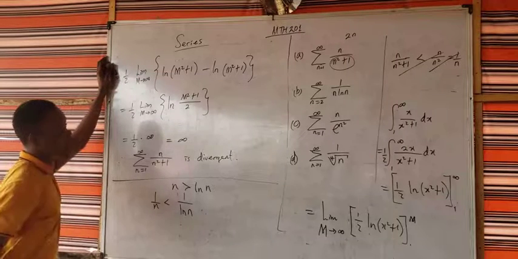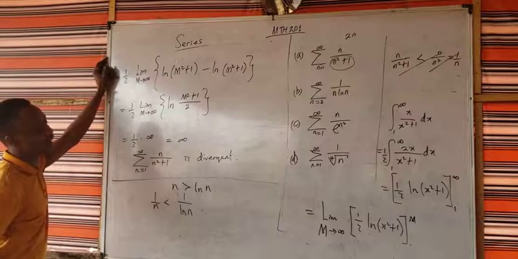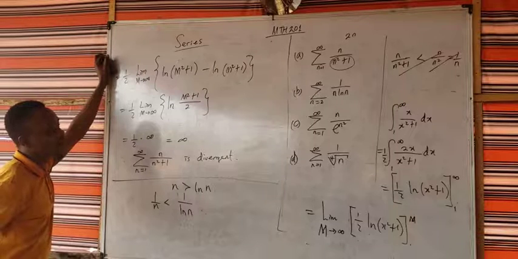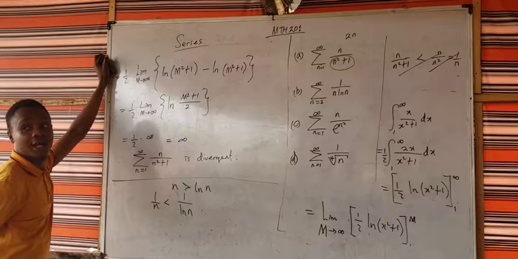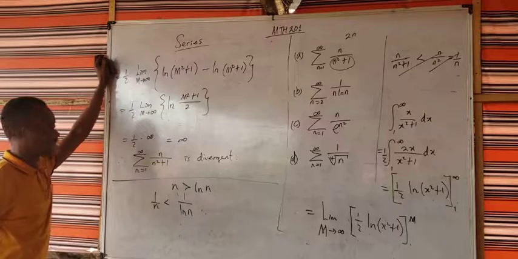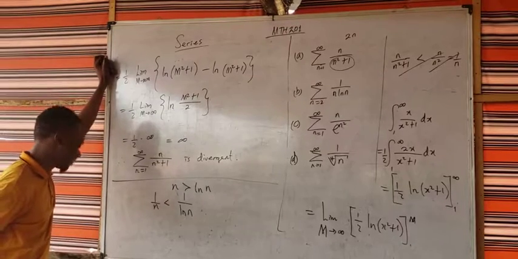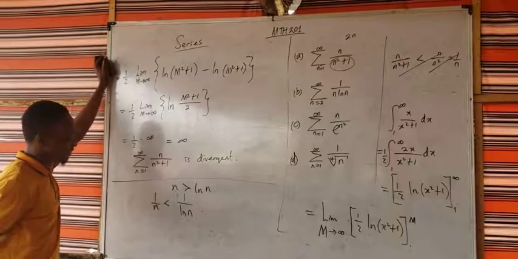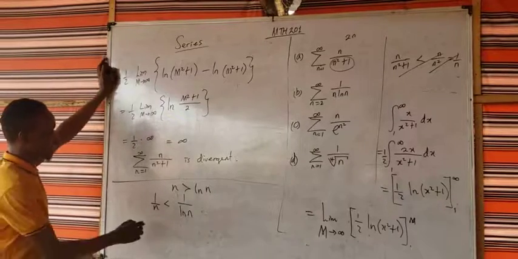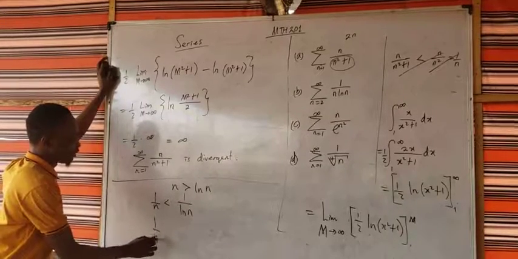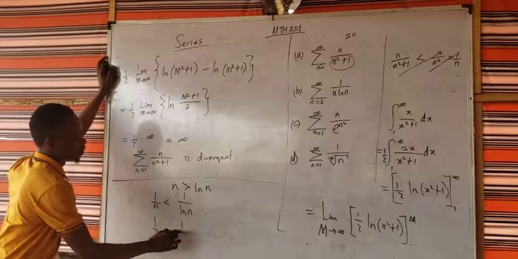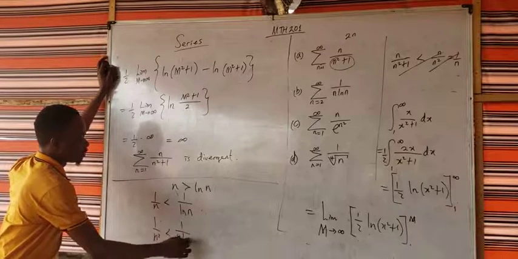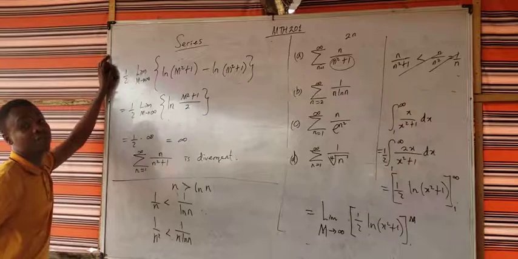You multiply everything by 1 over n. If you multiply everything by 1 over n, that's 1 over n squared is less than 1 over n ln n. So what can you say about that?